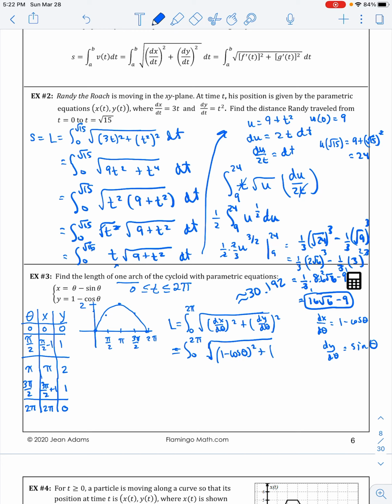Okay, so this is going to be 1 minus cosine theta squared plus sine theta squared. So 0 to 2 pi, square root of 1 minus 2 cosine theta plus cosine theta squared plus sine squared theta. I forgot my d theta. Sorry, guys. There's my d theta.